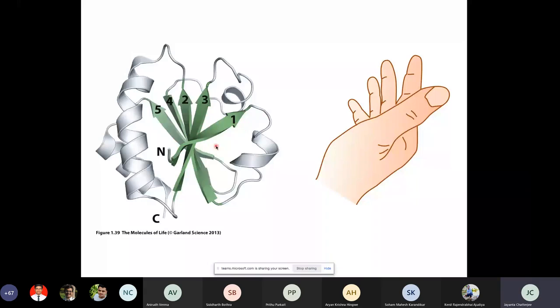But in sheets, when they are present next to each other, there is a right-handed twist. And this right-handed twist results in very nice structures. For example, you can Google the structure of green fluorescent protein. You will see that there are all these beta strands, and only because of the twist, all of them can encircle and form a very nice cylinder in between which the fluorophore is present.